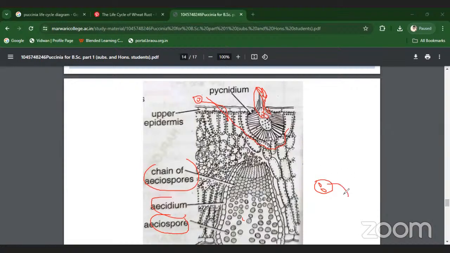That's why it is binucleate. Actually, in the initial stage, the pycniospores are also uninucleate, but after spermatization it becomes binucleated.